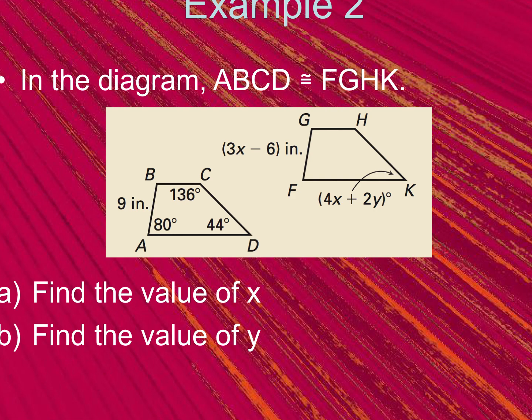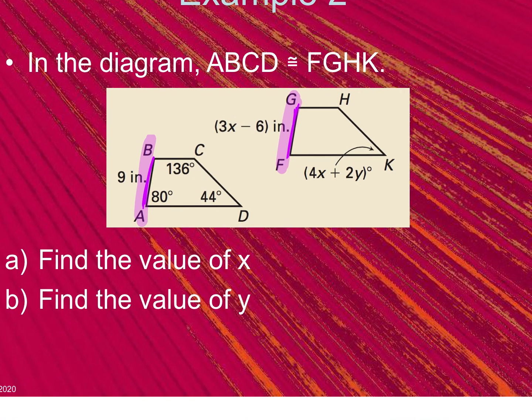I need to solve for x. What do I know about GF? It's congruent to which side? Good. This side right here is congruent to this side, which means this angle is equal to what? GF. Good. I'm going to write it out.